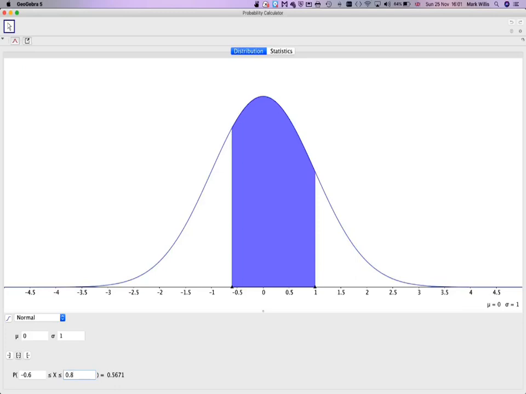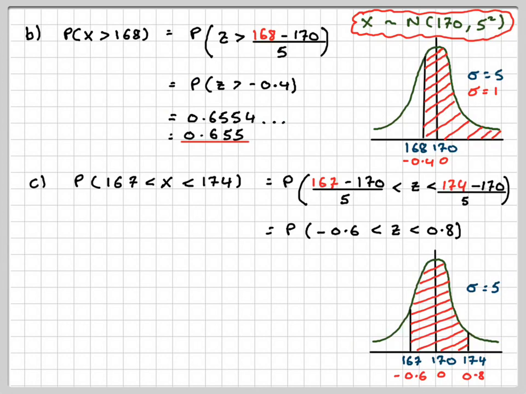So this would be your lower value on your calculator, this would be the upper value. These values normally come underneath on the calculator. So if we press enter, that will give me an answer of 0.5139. So I've got 0.5139 on the calculator, but rounded off, that will give me 0.514.